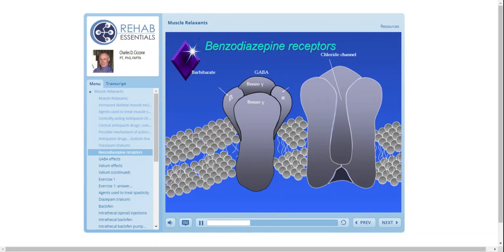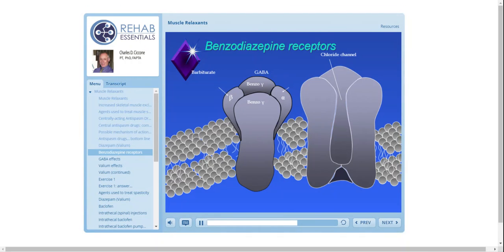And you can see that this protein has binding sites on its outer surface for several chemicals. It certainly has a binding site for GABA, the so-called alpha binding site, but it also has binding sites for the benzodiazepines, these gamma binding sites. The beta binding site is probably specific for barbiturates and maybe even other chemicals. So there certainly seem to be various chemicals that can moderate the activity of this receptor.